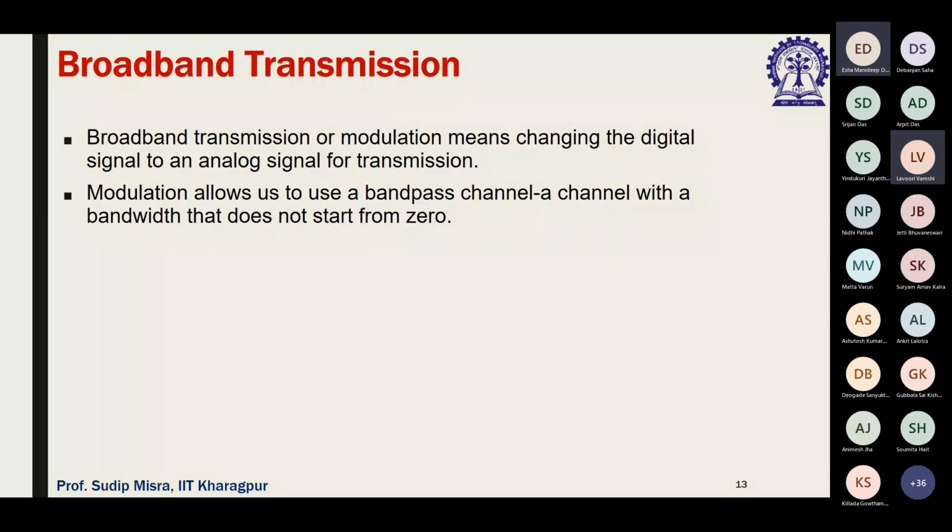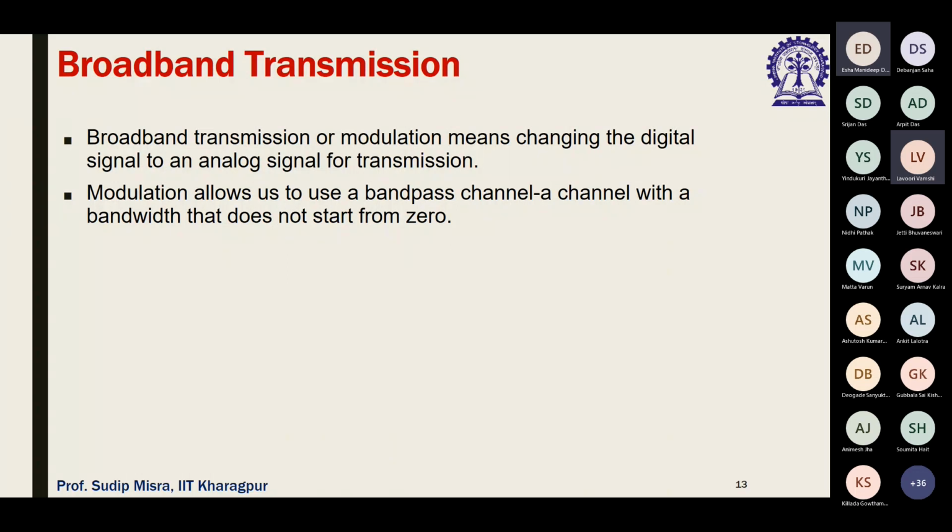So we need to have broadband transmission, right? Broadband transmission or modulation basically means that you need to change the digital signal to the analog signal for transmission. Modulation basically allows us to use a bandpass channel, which I already told you is a channel with a bandwidth that does not start from 0. In a low pass channel, the bandwidth basically starts from 0, so the frequencies go from 0 to f.